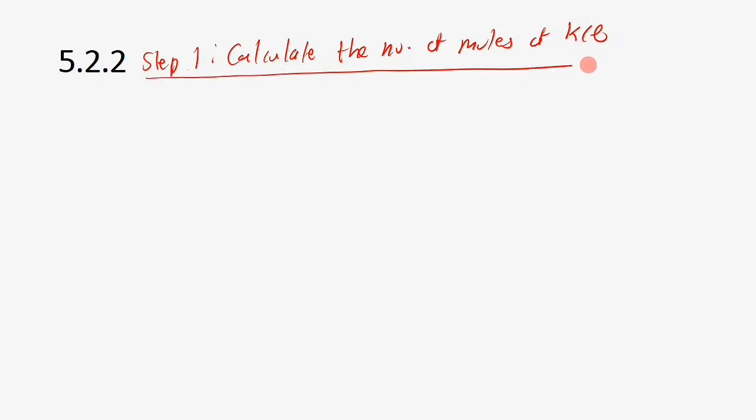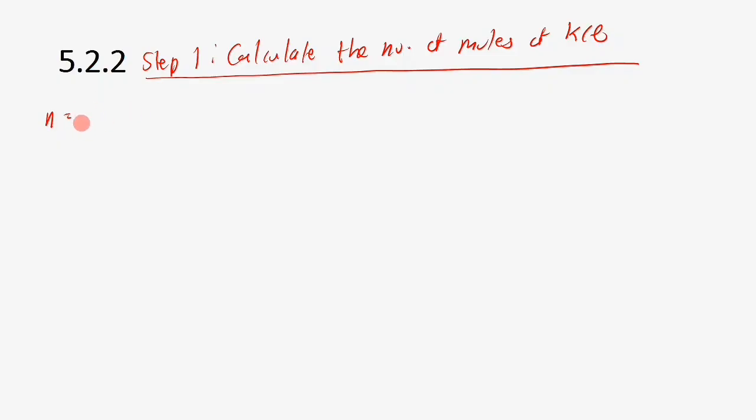So to recap the steps, you will remember that step number 1 here is to calculate the number of moles of potassium chloride. If you haven't watched that video on stoichiometric calculation, make sure you watch it. I will drop the link below.